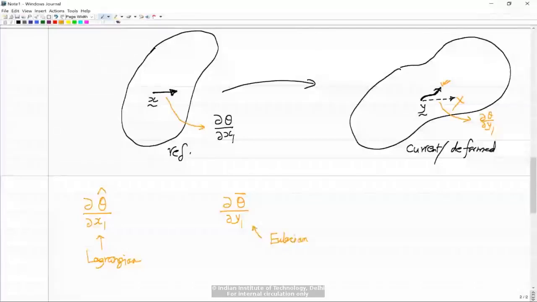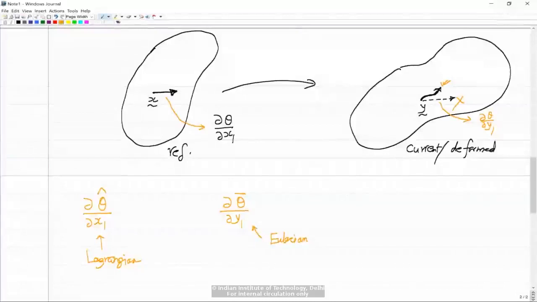Often it is very cumbersome to keep using hats and bars. But for clarity purpose, of course, one should use that. Otherwise, it is cumbersome, isn't it? You also take an extra effort in writing bar or hat.